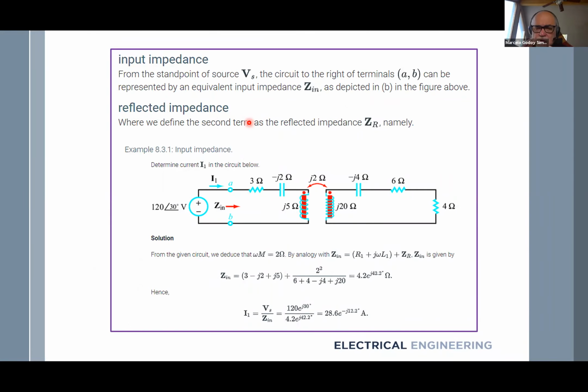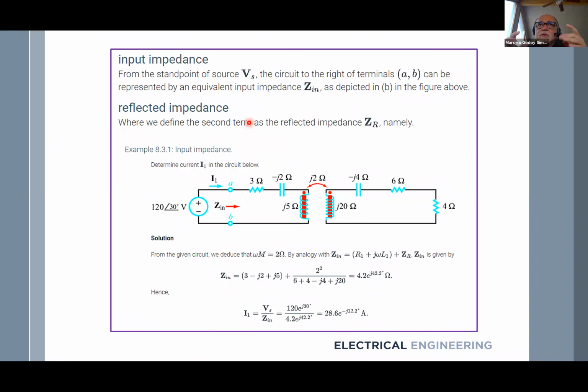I would like to change the discussion now towards what is impedance at the input. Usually we define impedance at the input, and the input could be whatever is connected on the primary. But sometimes you also want the impedance at the output. The discussion is the same. How can we define impedance?